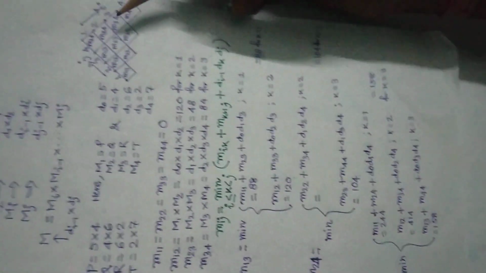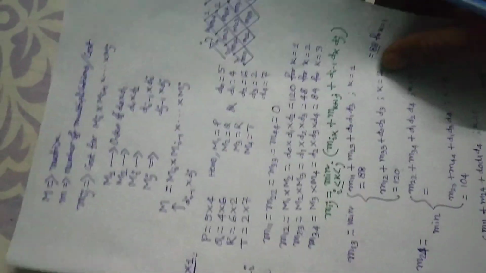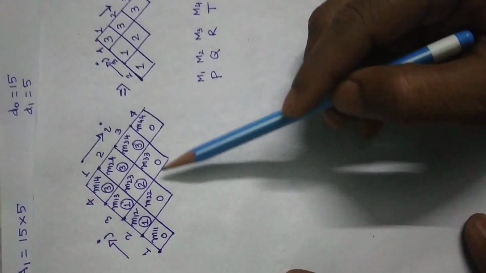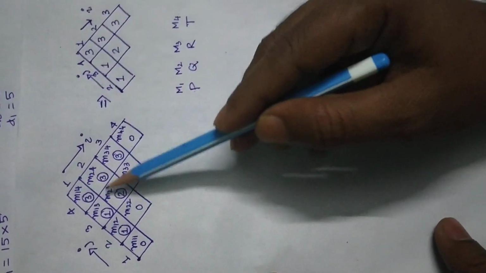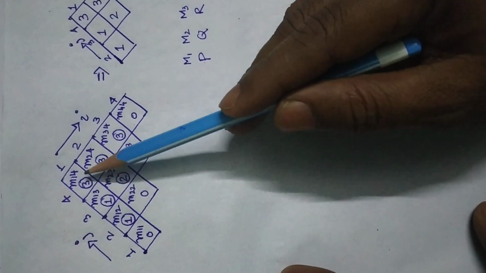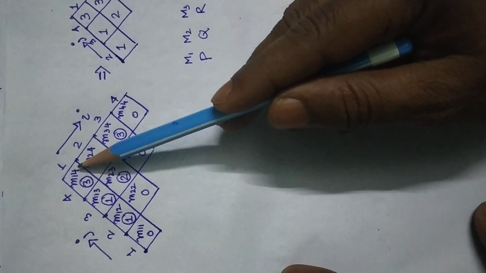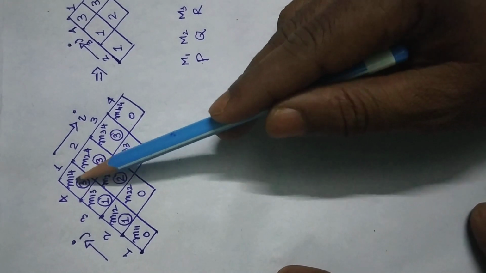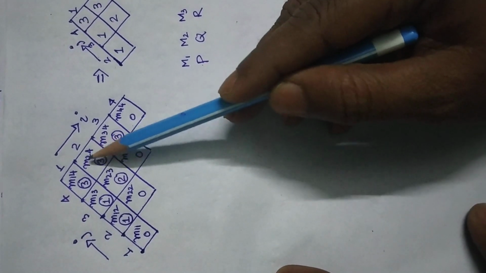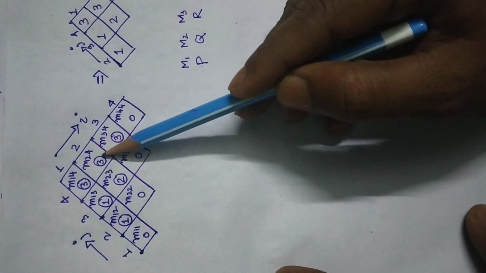Now fill up this table, and you will get the ultimate table like this. Here in circles I am putting the value of k. For M14 you will get the minimum value for k is equal to 3. Similarly for M24 you will get the minimum value for k is equal to 3.